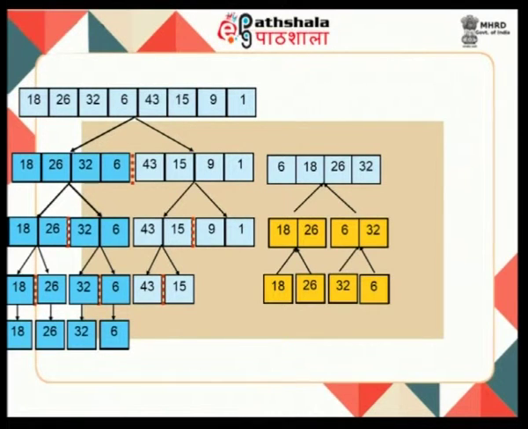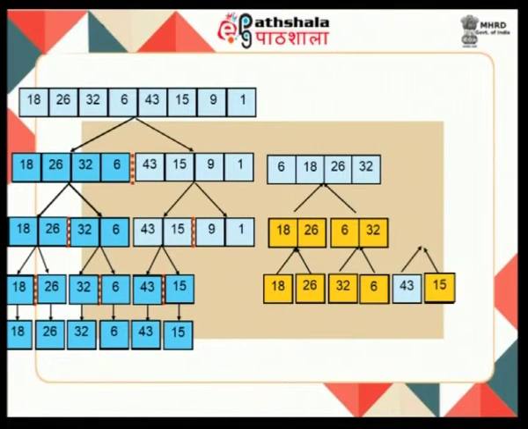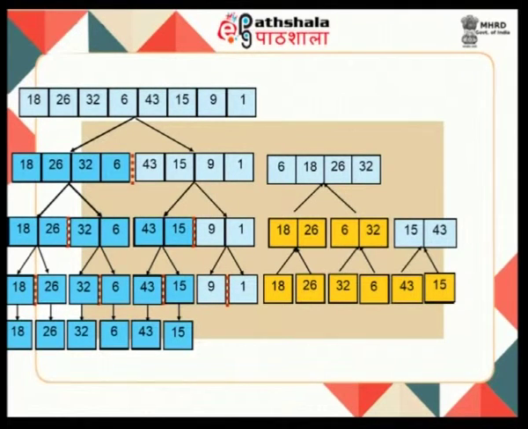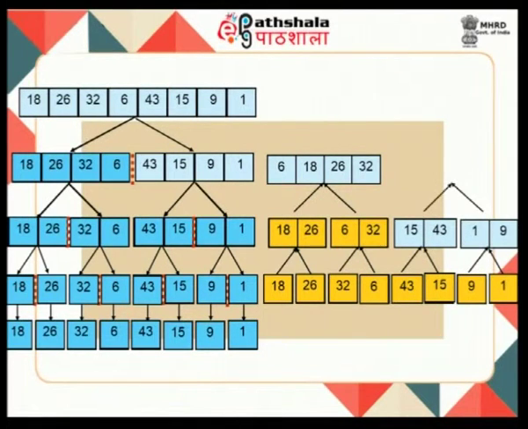I can't go further, therefore I merge these to get the sorted list. I repeat this for the other sub-array, and it becomes like this.